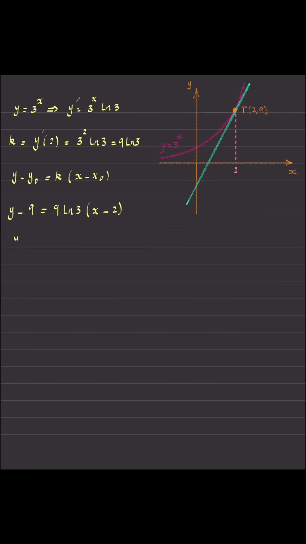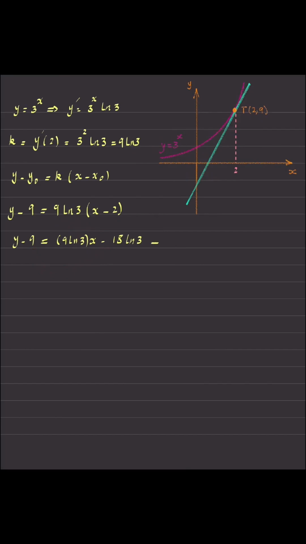This becomes y minus 9. Here, I multiply this number inside. So this becomes 9 ln of 3 times x minus, multiplying inside, 18 ln of 3. And now I will move this 9 to the other side, so it becomes positive 9.